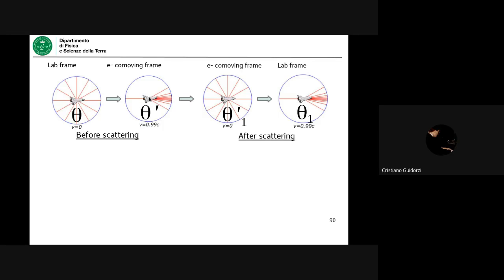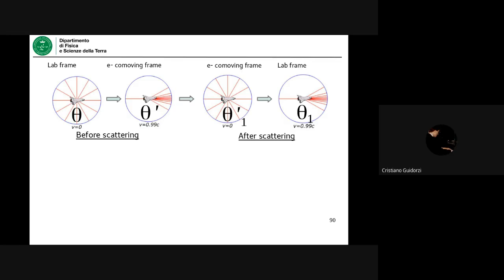So from the electron's point of view, almost all of them will scatter almost head-on. This is just due to relativistic beaming, or relativistic aberration of light, call it the way you like.